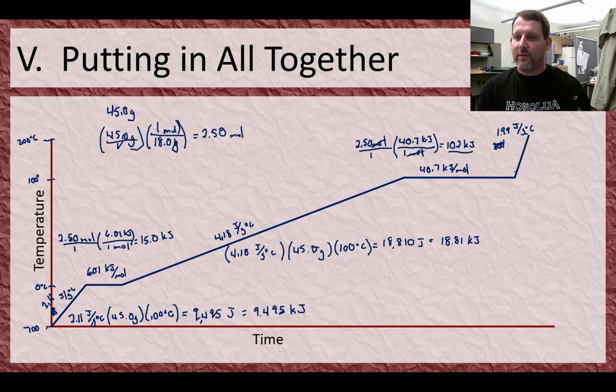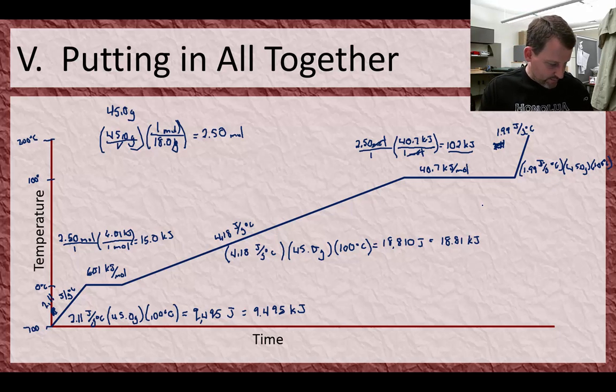And then over here, we do one more thing. So from 100 to 200, just like before, we take the 1.99 joules per gram degree Celsius. Now that's for 1 gram, but we have 45 grams. We multiply by 45.0 grams, and we multiply by 100 degrees Celsius, because we're going from 100 degrees Celsius to 200, so we're heating it by that much.